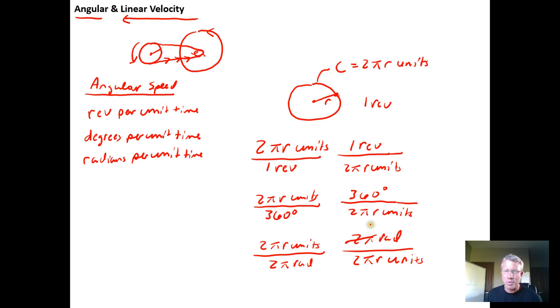You notice that this would reduce to 1 over 1. We get 1 radian per radius, which is really a nice relationship: 1 radian of motion corresponds to 1 linear unit of movement.